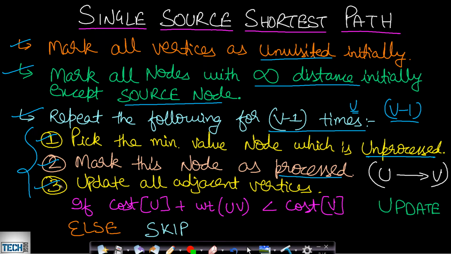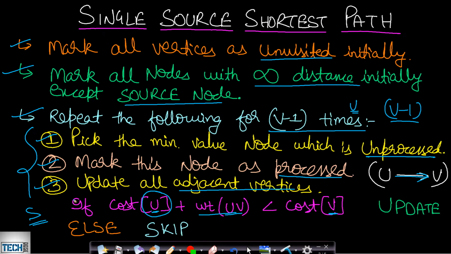After that we will update all the adjacent vertices of the picked vertex. How do we update the adjacent vertices? If we are at node u and there is an edge from u to v, and the cost of u plus weight of uv is less than the already present cost at v, then if we use node u and the edge from u to v, we can reach node v at less cost starting from our given source node s.